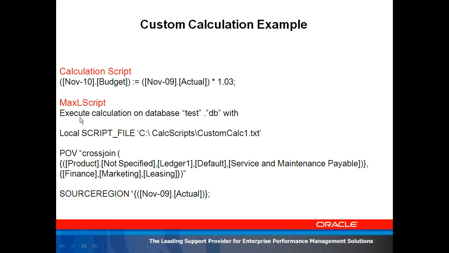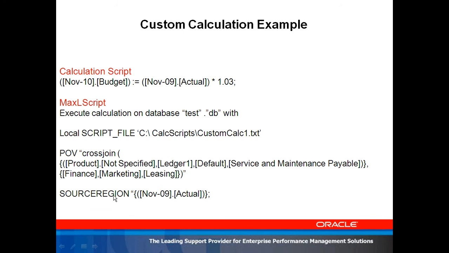In my MaxL script, I'm going to execute a calculation on my database, which happens to be testDB, but it's going to use a local script file located wherever you specify that it's located. And then you use the POV keyword and a rather lengthy MDX set here to specify the point of view area where you're going to be loading this data at the intersection of these members.